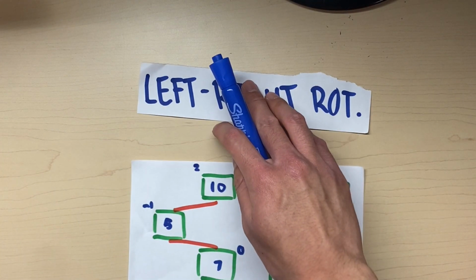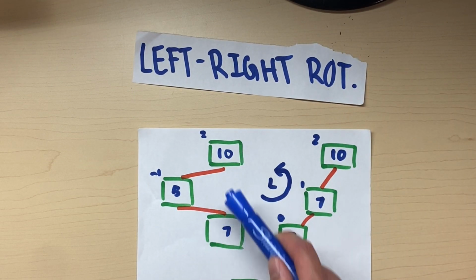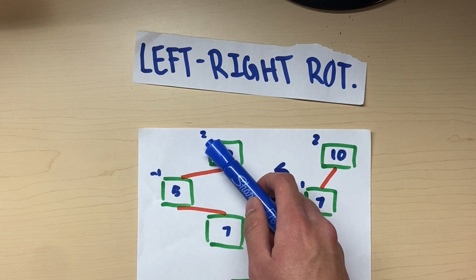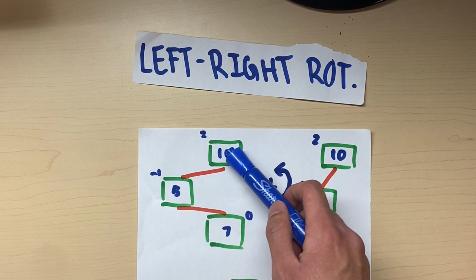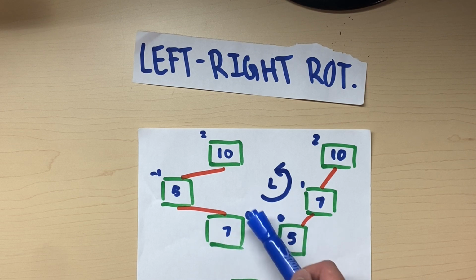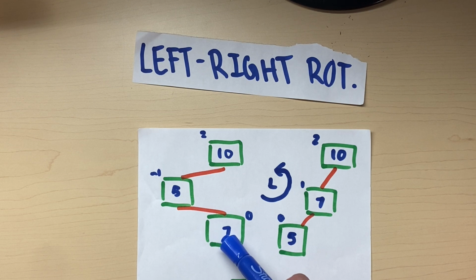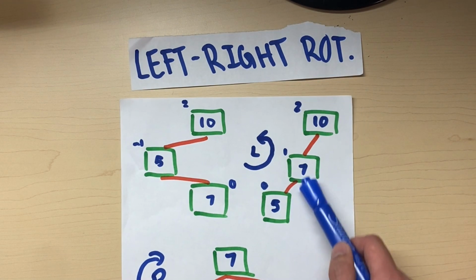Now the next rotation is the left-right rotation. So this one's a little trickier, but once again, we have 3 nodes, and we have a balance factor of 2 on this side, meaning that the left is heavier here. So if we do a left rotation about node 7 over here, we can bring it up.